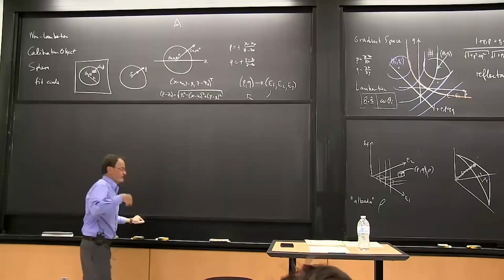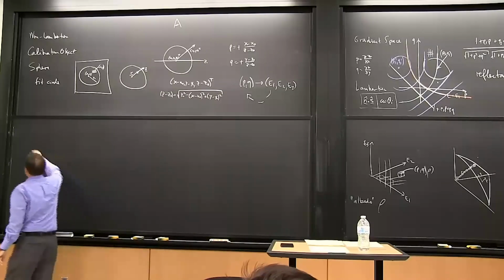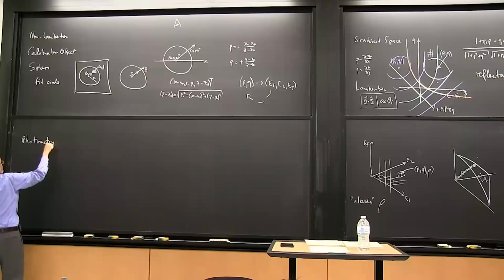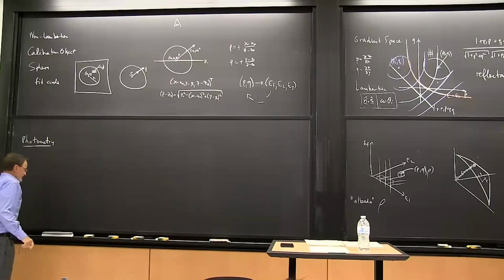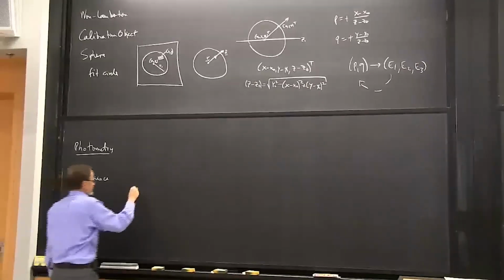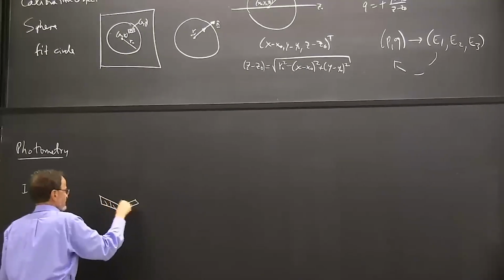We use these terms like brightness and intensity rather loosely, and it's good to make them precise. So the first term is irradiance. And it's the most trivial concept you can imagine.